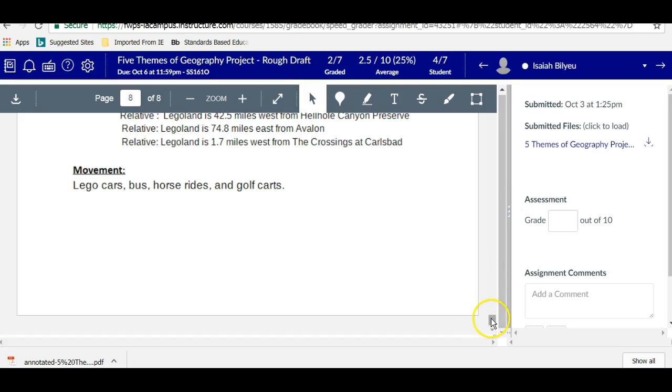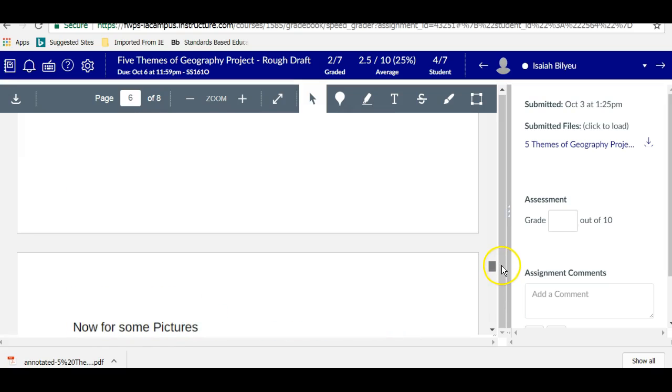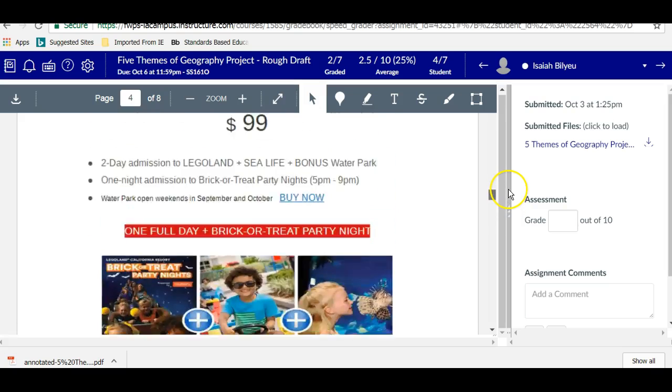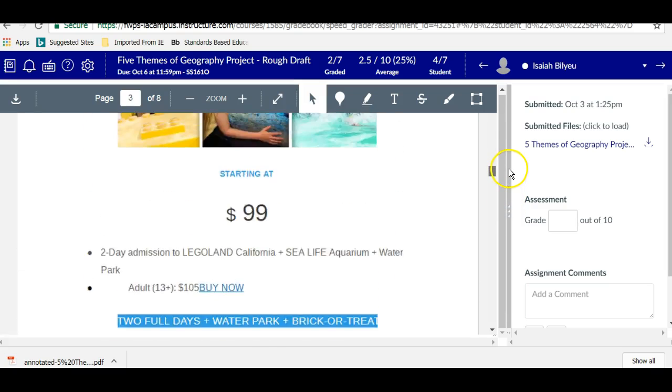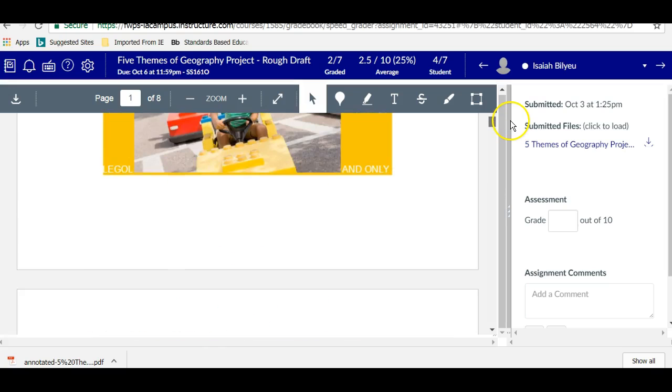Okay. Now, I know that you included this information, but you don't need it for this project. So you can cut all of that stuff out because it isn't necessary.